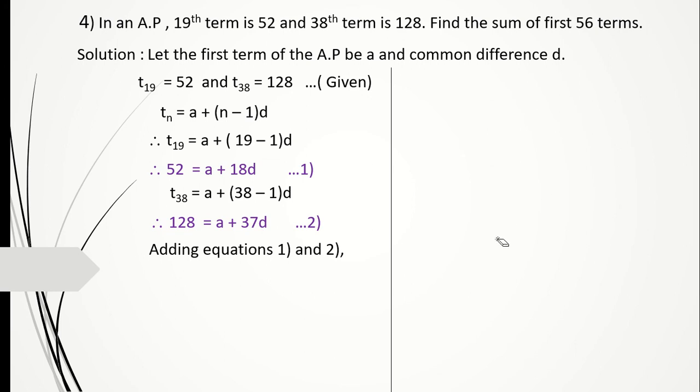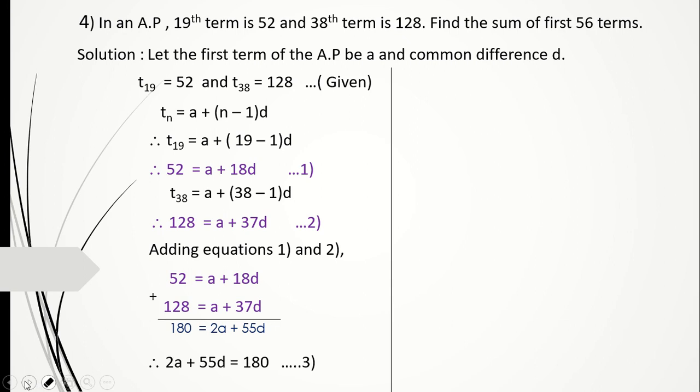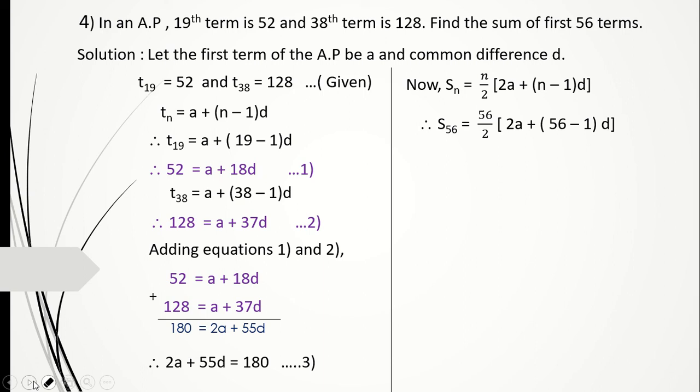But here what we have done is, we are adding both. This is another method. So when adding both, we get this answer, 2A plus 55D. Now we are keeping this as it is. 2A plus 55D is 180. And we are just straight away writing the Sn formula.